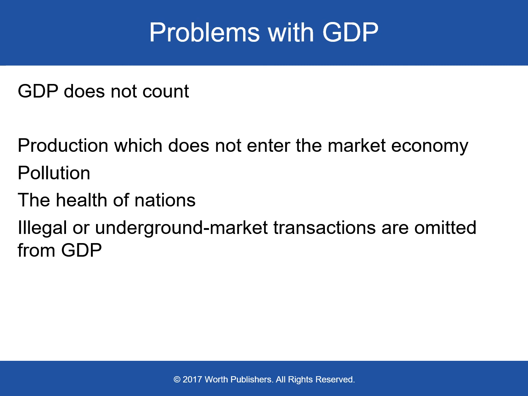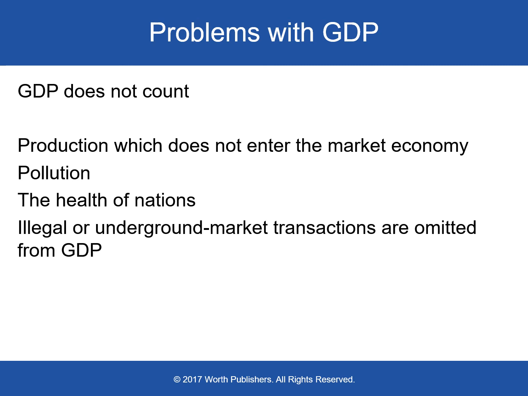Another problem is pollution. GDP does not count negatives or bads like pollution. Pollution just simply is not a form of production for which people pay money. The level of health of a nation is not directly measured by GDP. You can infer it by counting the value of medical services, for example, but that could just be a function of poor health.